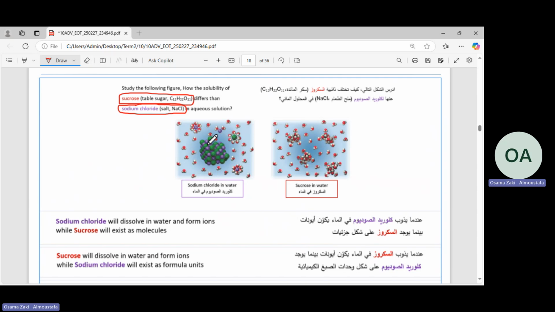It breaks down into Cl and Na. Here, look at the saccharose. The molecule itself doesn't break down. So sodium chloride will dissolve in water and form ions, while saccharose will exist as molecules. Yeah, that's right, because sodium chloride breaks down into ions, as you see. This is the ion, this is the ion, this is the ion.